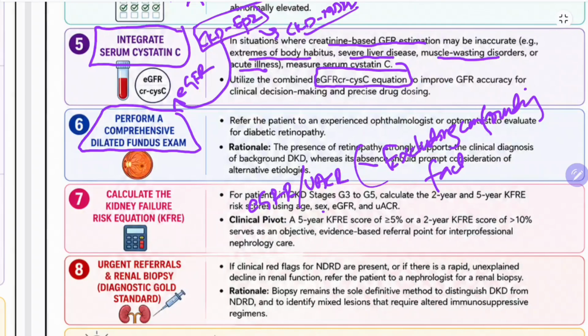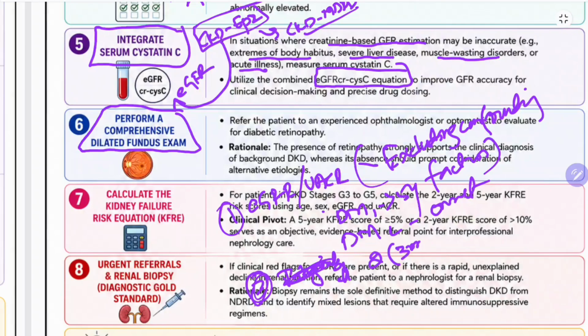We have collected in case of DM1 after more than 5 years, in case of DM2 at the starting point only, at onset only. So we have done this one. And the second thing we are doing is, in some patients we may integrate cystatin C. So we have taken EGFR and UACR, then we should take 2 samples 3 months apart.